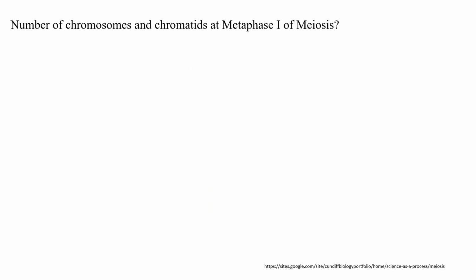Here, the next question asks about the number of chromosomes and chromatids at metaphase 1 of meiosis. Meiosis is a process where a single cell divides twice to produce 4 cells containing half the original amount of genetic information. Now, if we assume the original genetic information to be 2n, since the organism is diploid, we will find the following results.